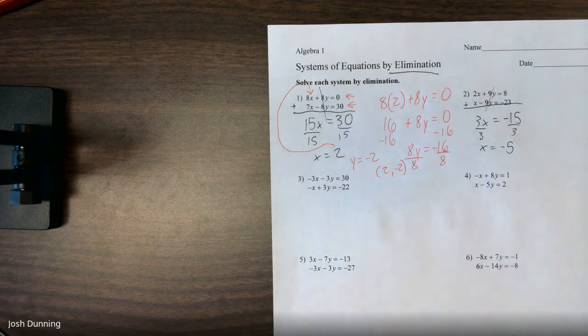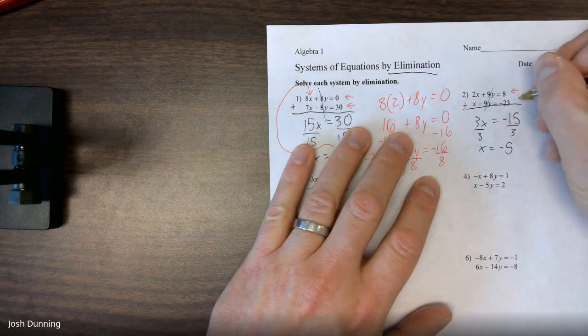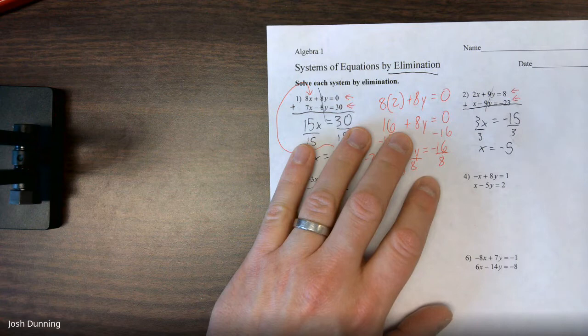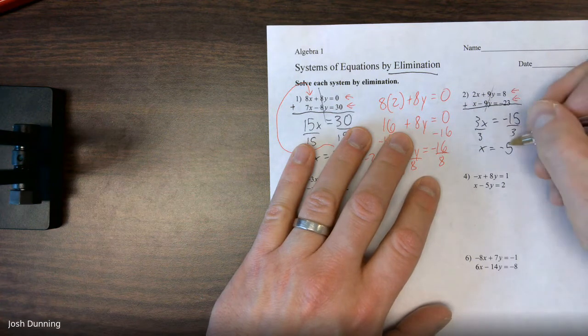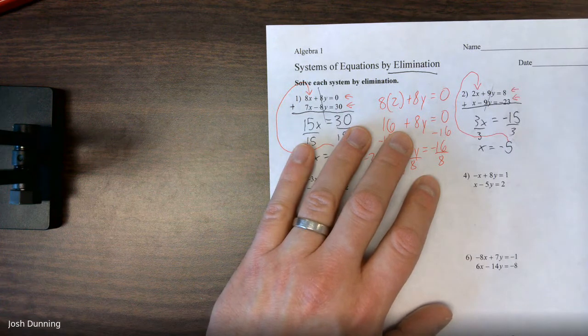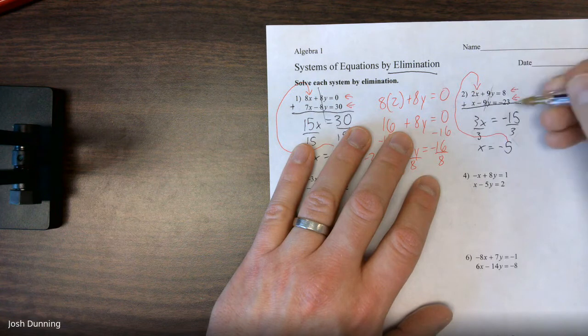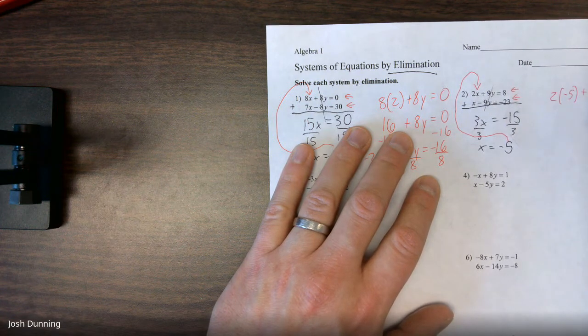Now again, go back, pick out either one of the original equations. Doesn't matter which one. Either one will get you the exact same value for y, assuming you don't make a mistake. I'm going to choose the top one. There's no minuses. Doesn't matter, though. I could have done the bottom. 2 times negative 5 plus 9y equals 8.